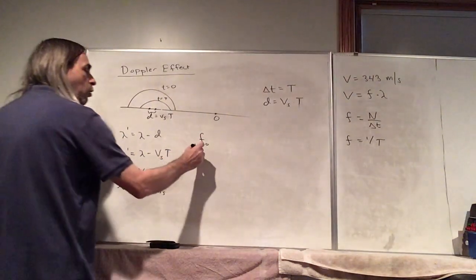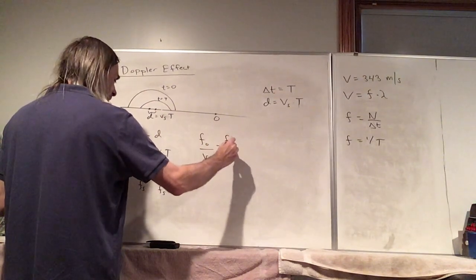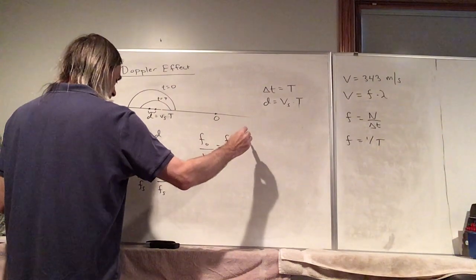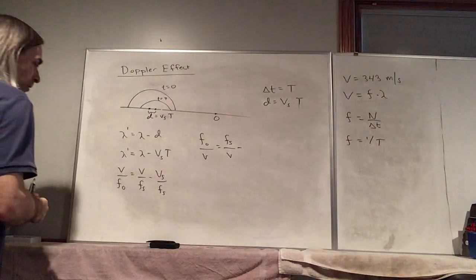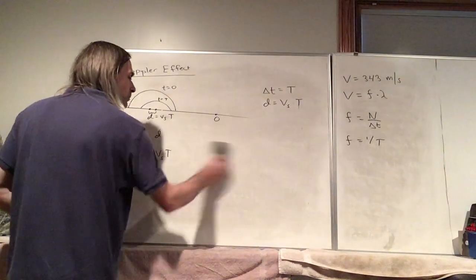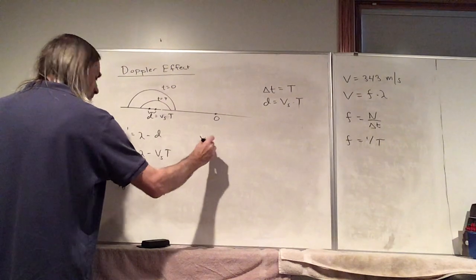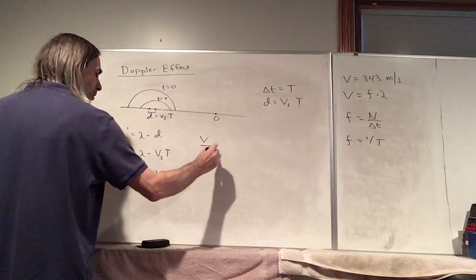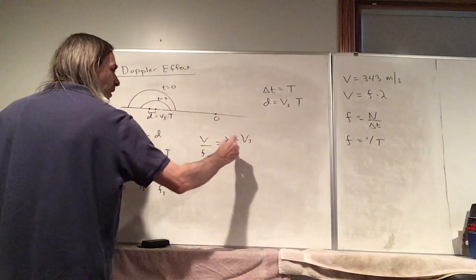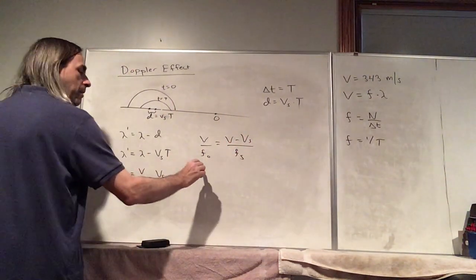So FO over V would equal Fs over V minus... let me be a little careful. Let's not do this yet. Let's say V over FO equals V minus Vs over Fs. Now let's take reciprocals.